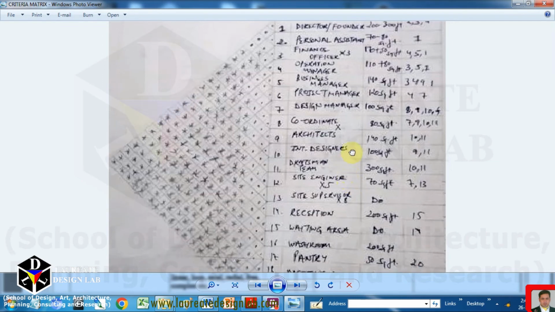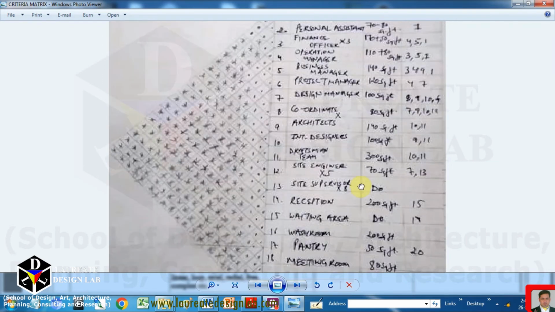Now some of the things are set criteria, and some of the things you can consider yourself depending on the need of the organization. Now a question must be coming to your mind that adjacency can't be equal for each space, right? Some adjacency may be of second order, third order.